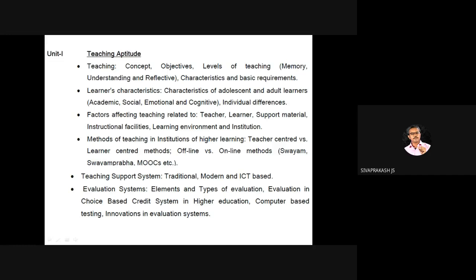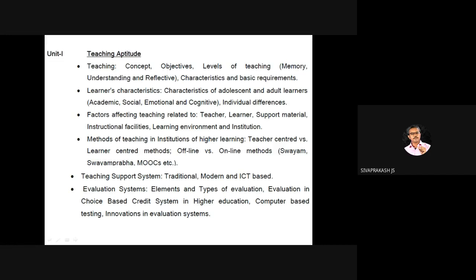This is the second chapter. The third chapter deals with the factors influencing teaching with respect to teacher, with respect to learner, and with respect to teaching aids, support materials, instructional facilities, learning environment, and the institution. This is the third chapter.